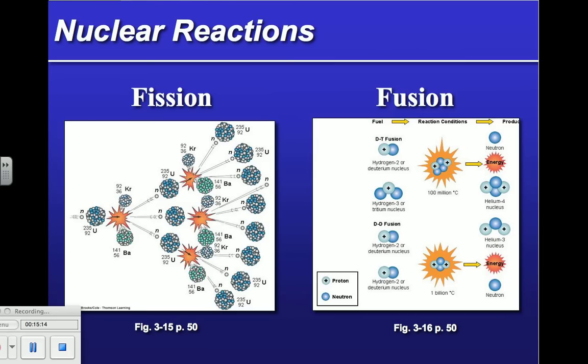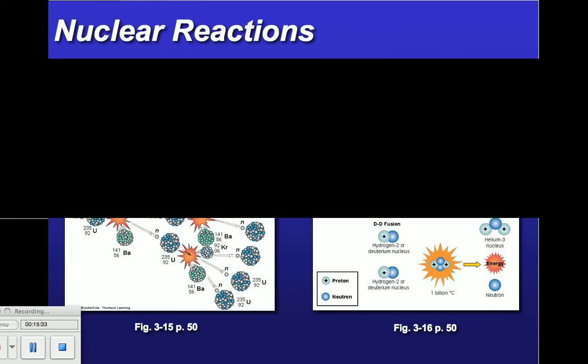Fusion, on the other hand, is when you, at very, very high temperatures, fuse together hydrogen atoms in such a way that you produce helium nuclei. There's lots of energy that's given off when you fuse atoms together.